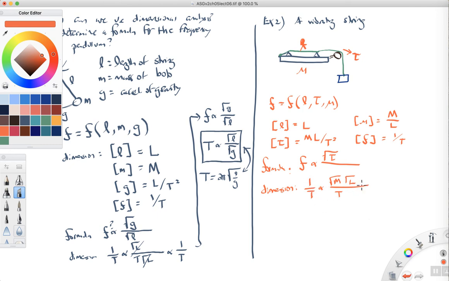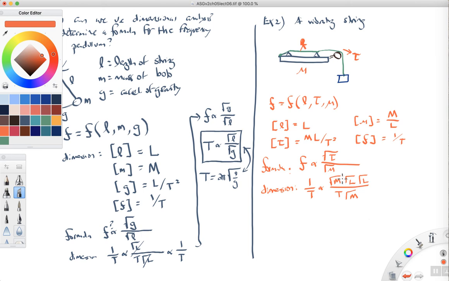So we need to use some other combination of variables that can cancel these out. Well, we see this one has mass over length. What we could do is use a square root of mu. So let's put a square root of mass per unit length here, and that would introduce a square root of mass in the denominator and a square root of length in the numerator.